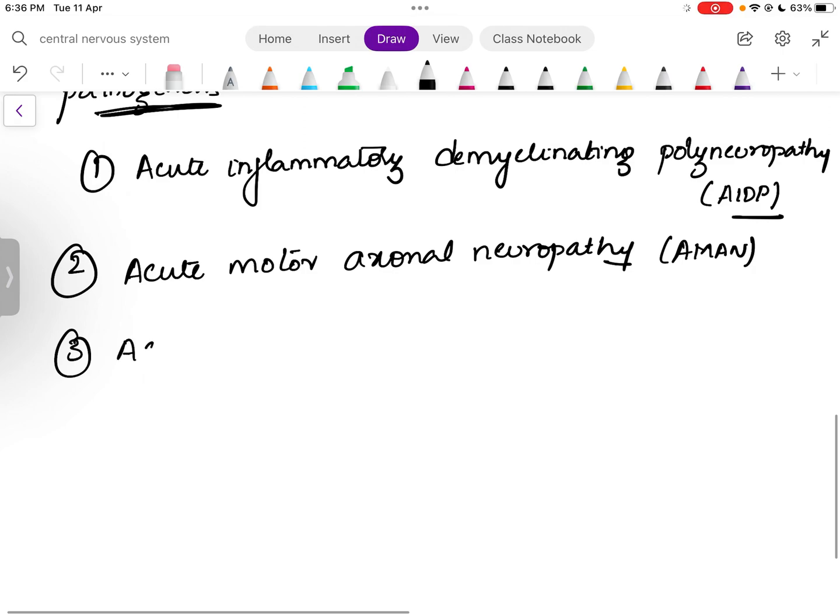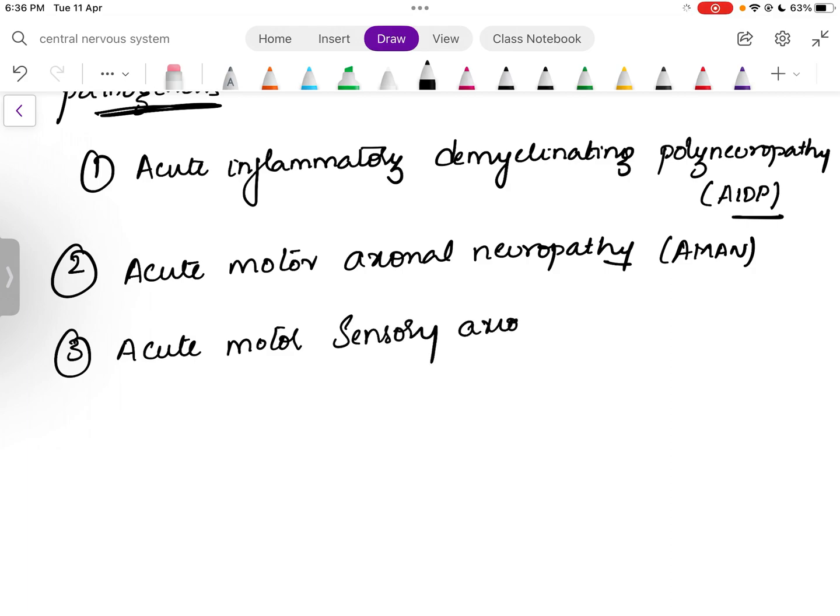Next is acute motor sensory axonal neuropathy, AMSAN.